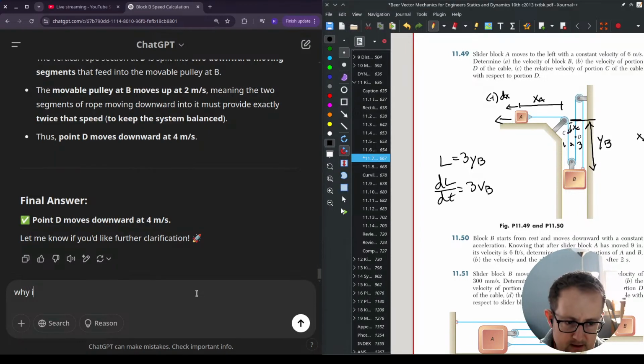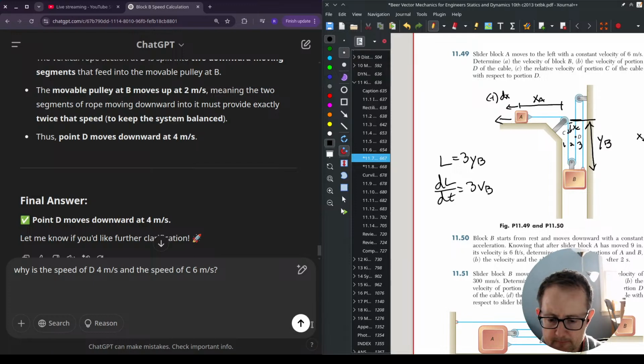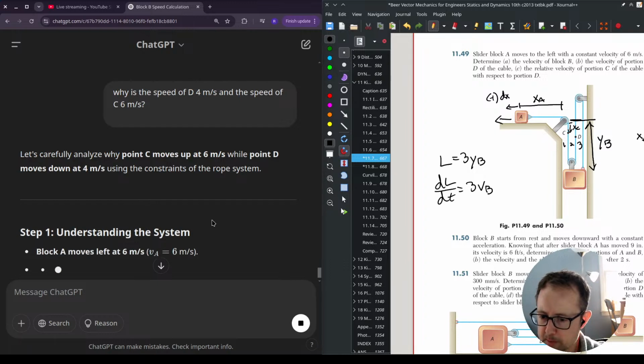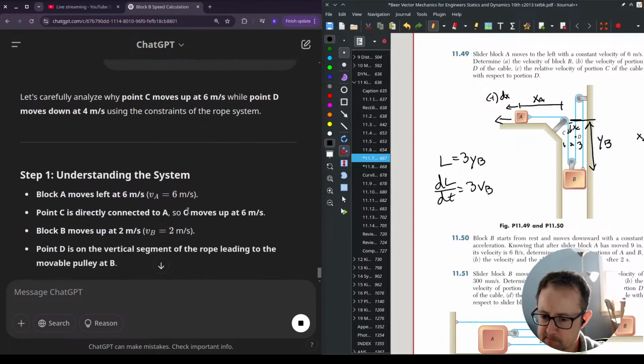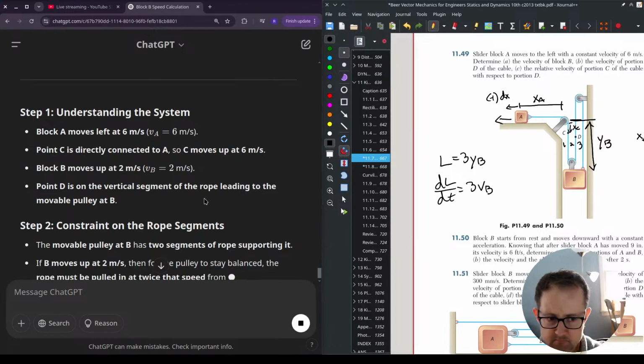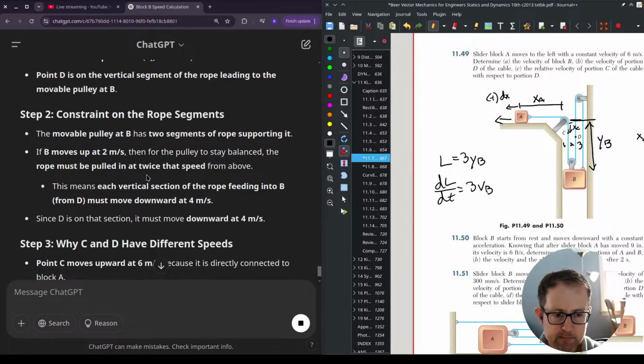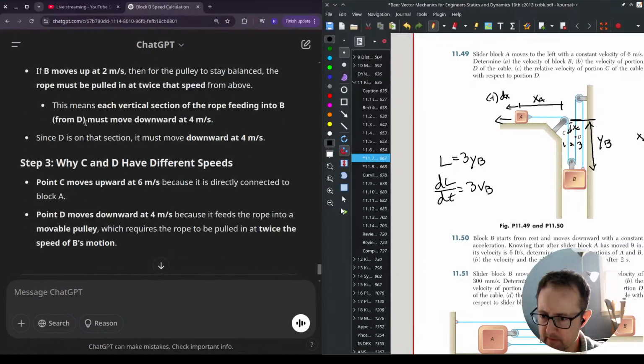So let's ask, why is the speed of D 4 meters per second and the speed of C 6 meters per second? It must move down at 4 meters per second.